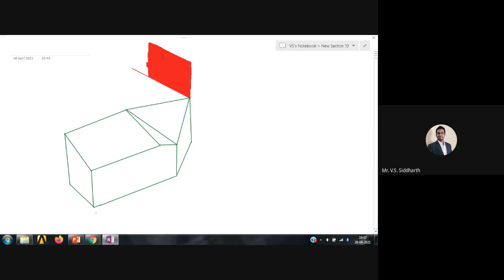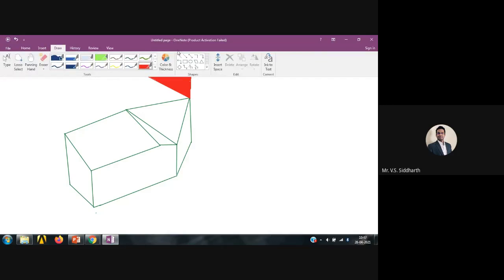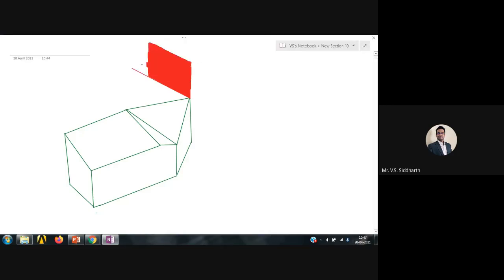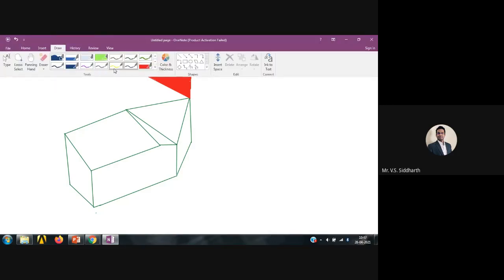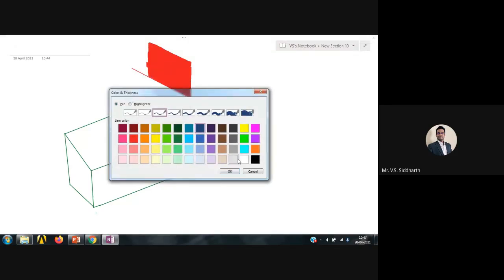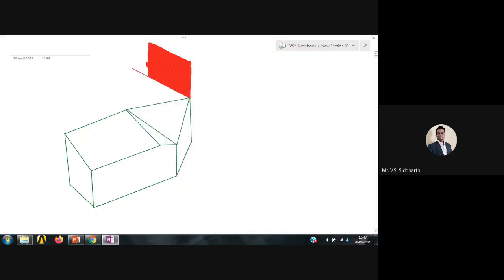What plane is it? Tell me what plane it is. Workpiece will be here. Longitudinal plane, pi x plane. Pi x plane. Very good.